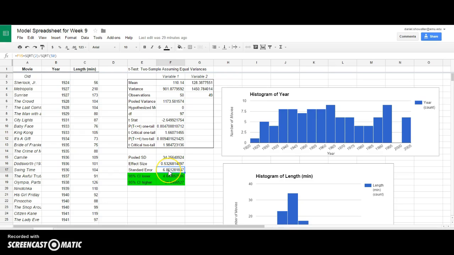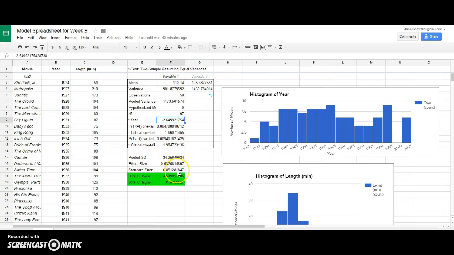So this standard error is what we're referring to with all these t values. So when we say that the older movies are 2.65 standard errors below the newer movies, we're saying 2.65 of these 6.85s. In other words, we would multiply this number by this number, and that's how many minutes lower we are.